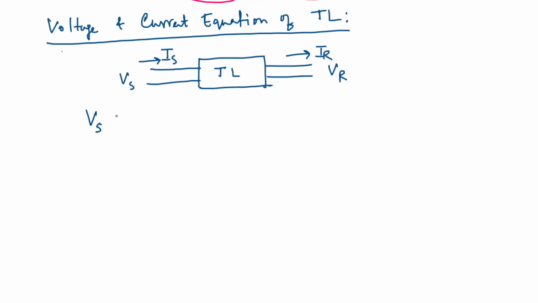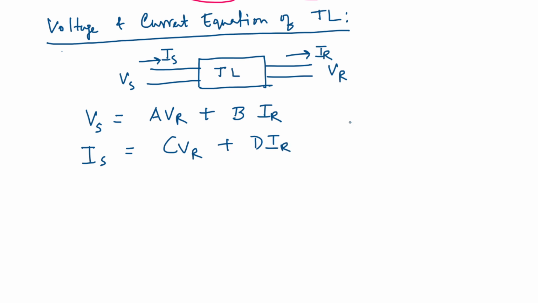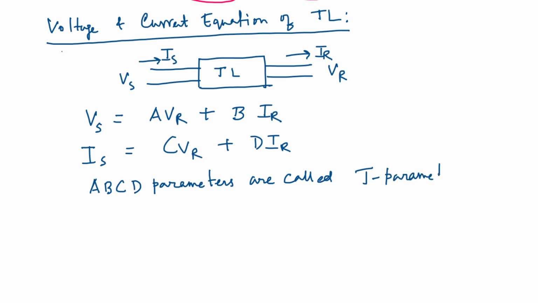Vs is equal to A VR plus B IR, and Is is equal to C VR plus D IR. These ABCD parameters are called T parameters or transmission line parameters.